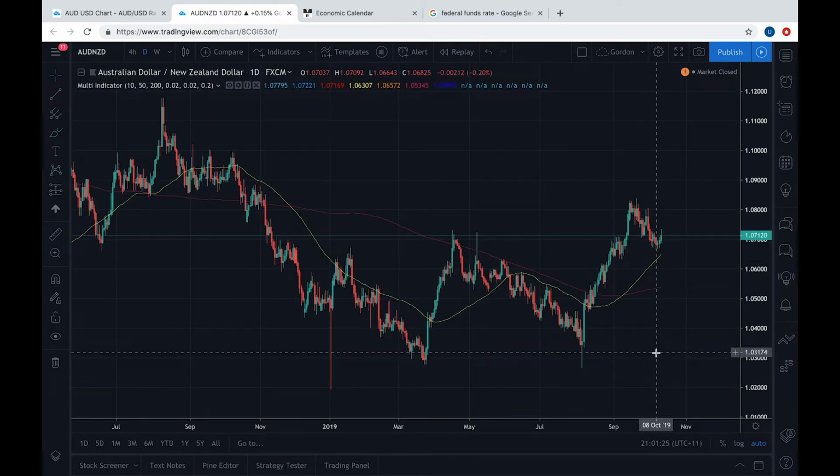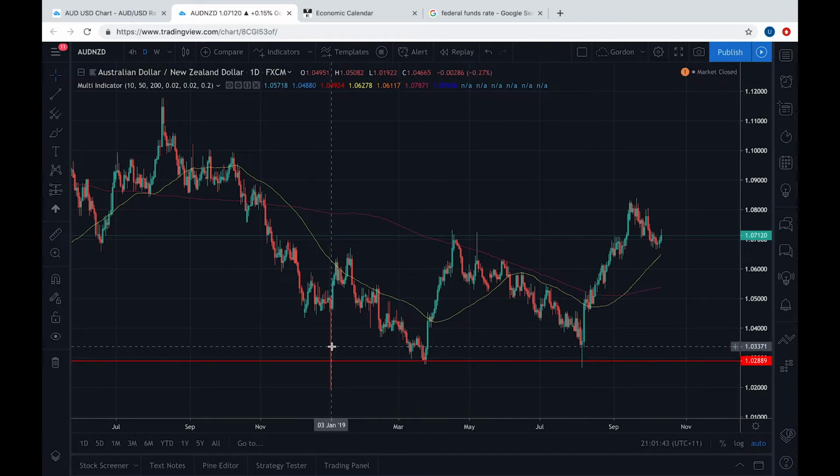Hey guys, so now we're looking at the Australian-New Zealand dollar pair, and just looking at the daily chart starting from the start of 2019, we can see the long-term support level is at about 1.0288. Here, we can see it test the support level in January 2019, March 2019, and August 2019.